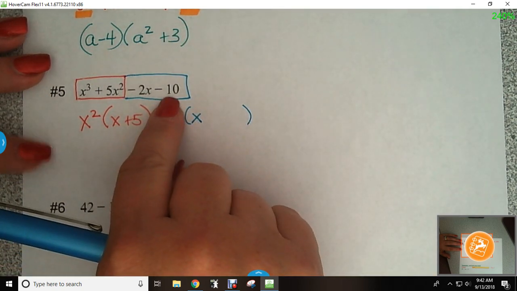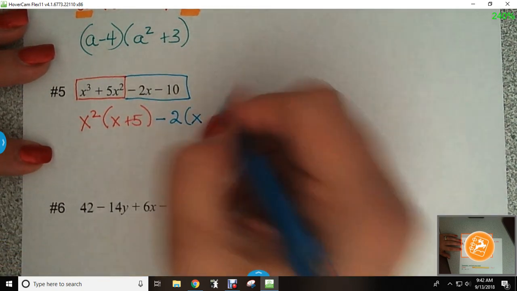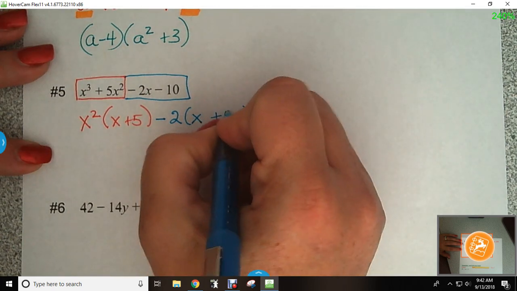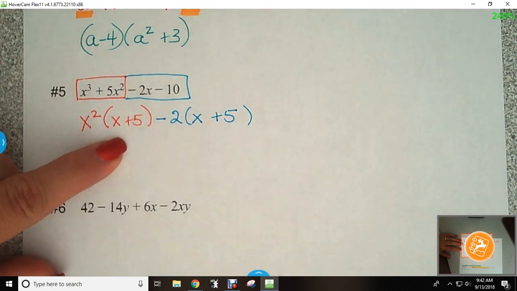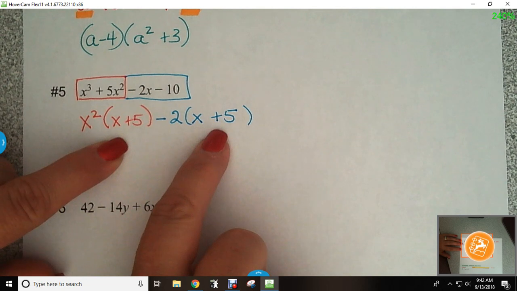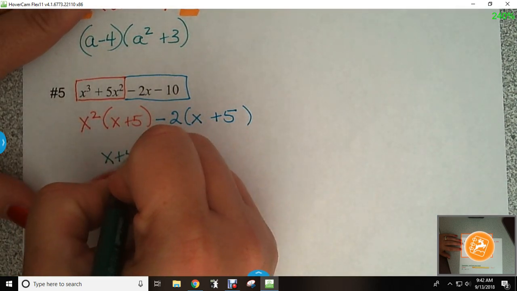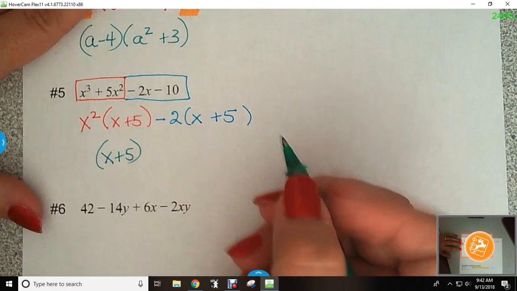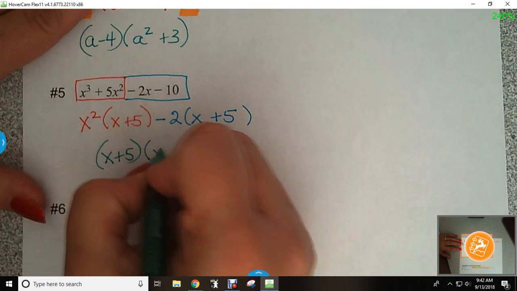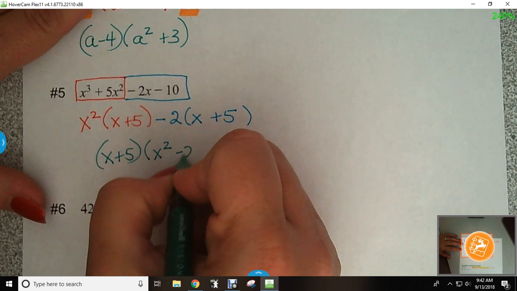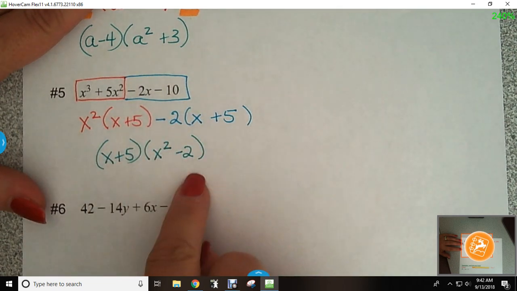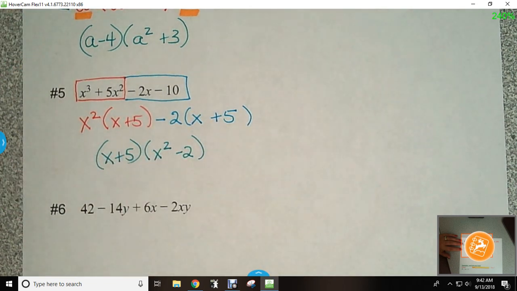This term divided by negative 2 is going to give me a positive 5. So once again, my parentheses are the same, like they should be. So I'm going to put that common parenthesis out front. My leftover stuff will be the x squared and the minus 2. This is my completely factored answer.